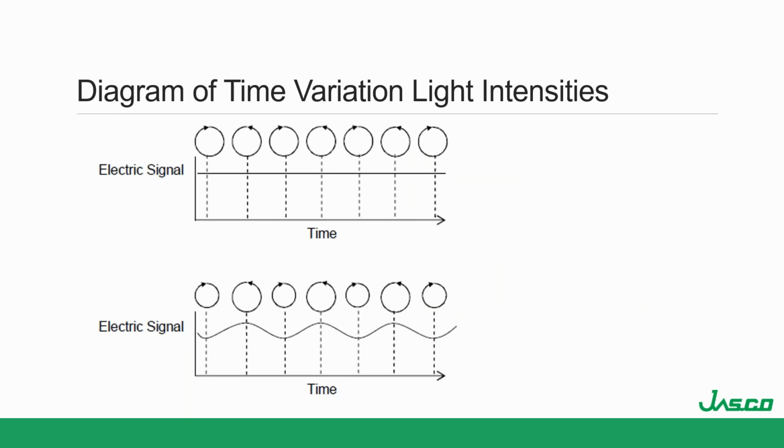So here's a diagram of time variation light intensities. The top is basically an example of what you would see on a chromatogram, so signal versus time, when no CD active compound is in the flow cell. What you see is the light changing directions at fast intervals, but you don't see any signal.